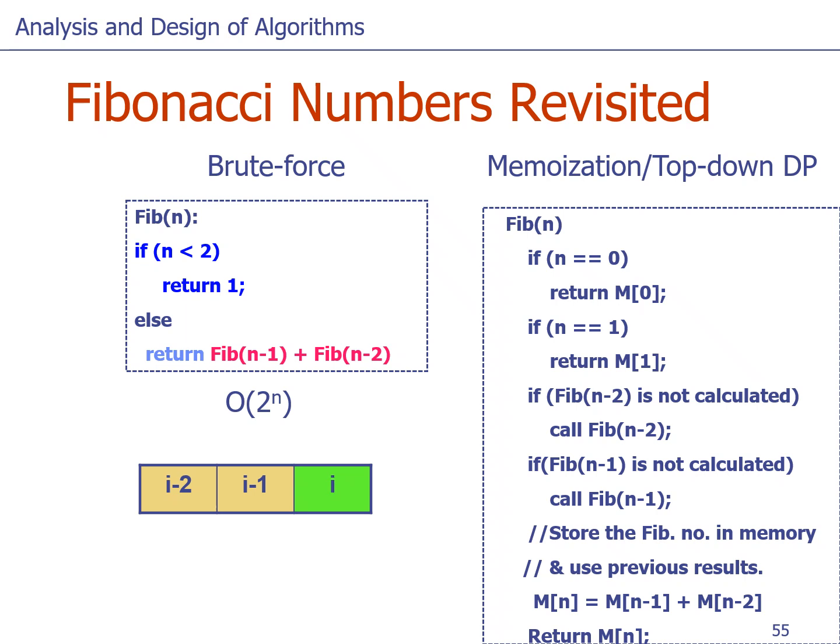Now, I hope I have given you a kind of crash course in memoization. I don't particularly like it, although I will not prevent you from using it in a quiz or a midterm or an exam. The problem with memoization is that it will give you a dynamic programming algorithm. It will perform definitely better than a brute force approach, but it will never be as efficient as a bottom-up approach.